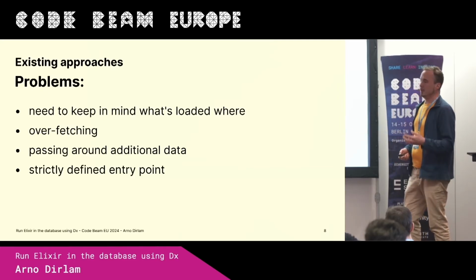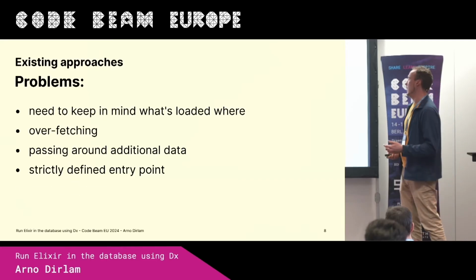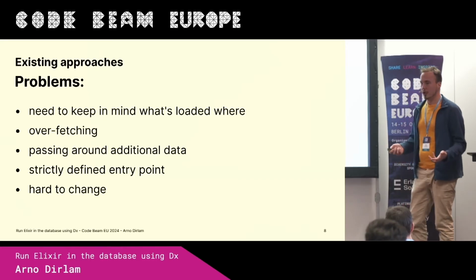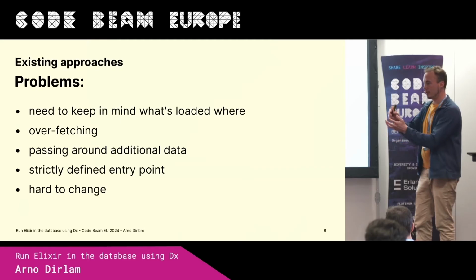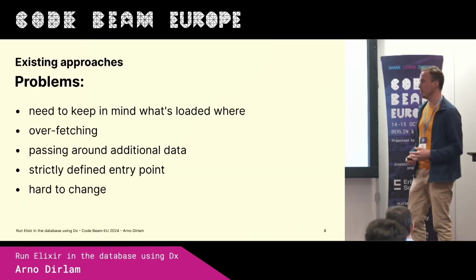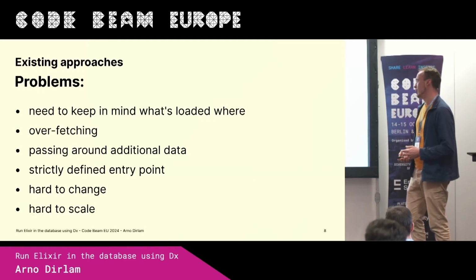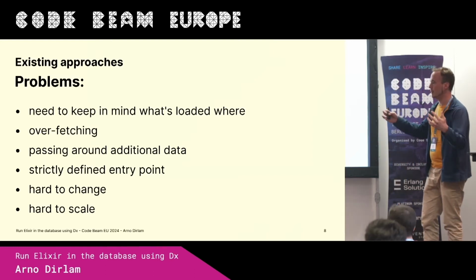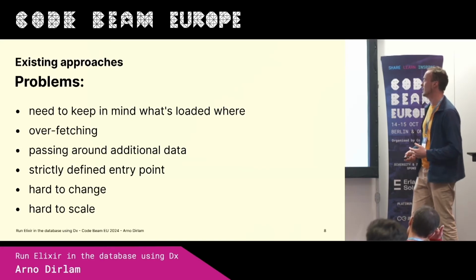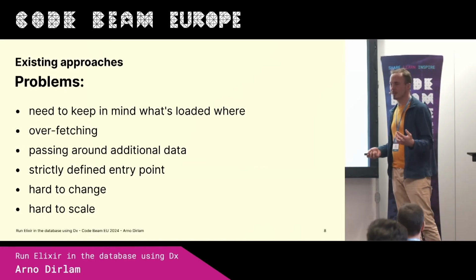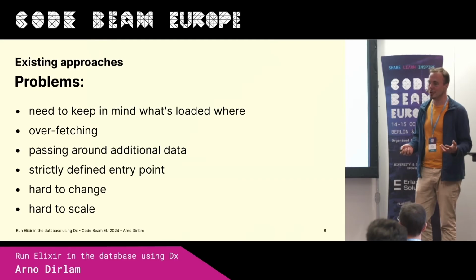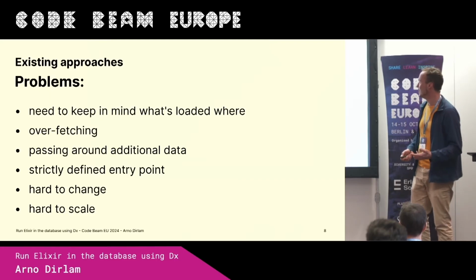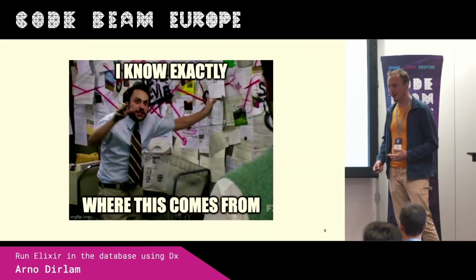You have a strictly defined entry point, and so it's hard to change any given function that may be a bit deeper down your call stack. And so it's hard to scale, because as complexity increases, all these things you have to keep in mind increase. And I guess it's possible because we're used to that and we always know exactly where our data comes from.